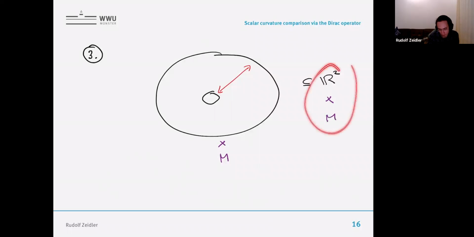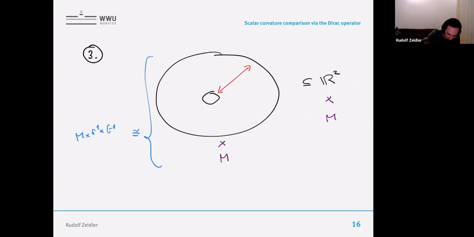And now if you have a complete metric here, you find this annulus here, which looks like M cross S1 cross an interval.